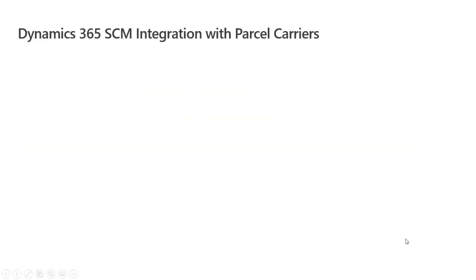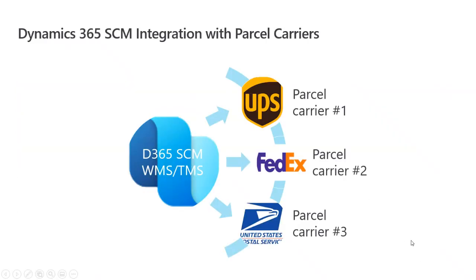So what this looks like in more of an infographic view is that we've got our Dynamics 365 supply chain management business application, and specifically we're going to be talking through the warehouse management and transportation management configurations that are required to enable this. And then we've got a communication. These are XML messages that are sent and received between Dynamics and the parcel carrier APIs.